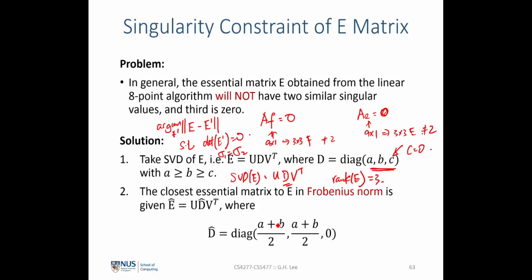We'll set this to be the final first and second singular values in the essential matrix, and we'll call this D hat over here. By plugging this back into the singular value decomposition of E, we can recover E hat, which is the closest essential matrix to what we estimated earlier on, but it also fulfills the rank constraint, where the determinant equals 0 by setting the last element here to 0, as well as the first two singular values being the same.